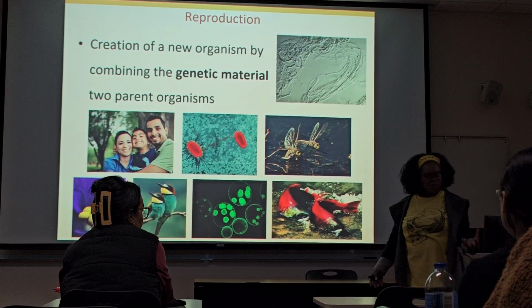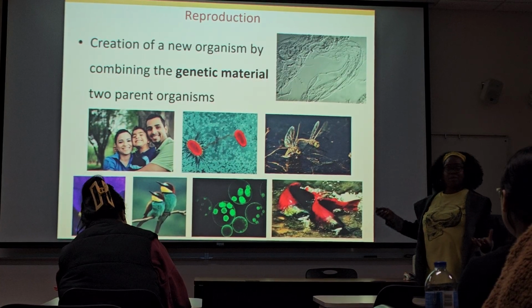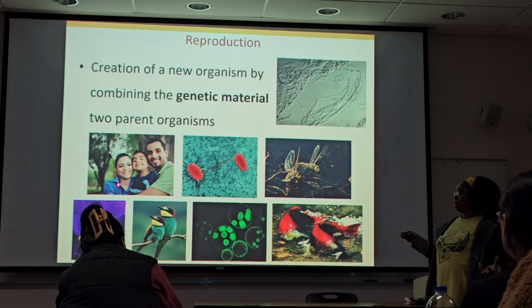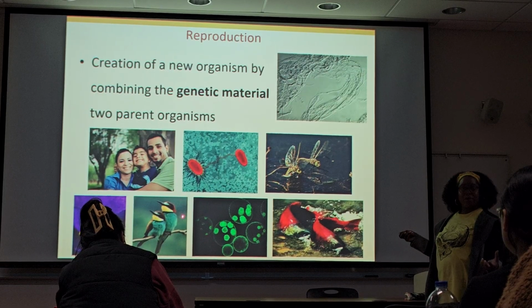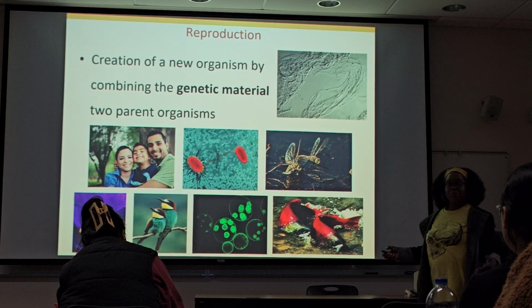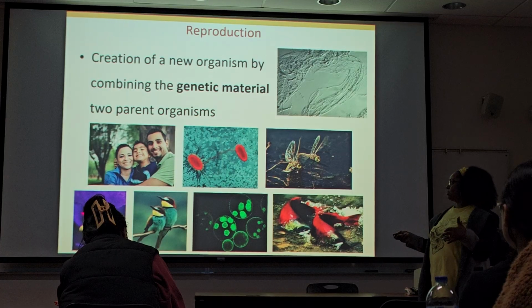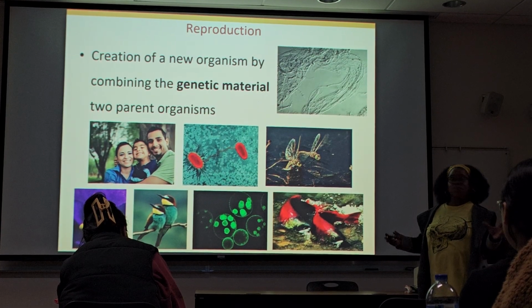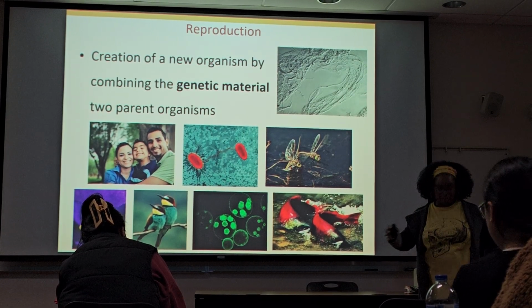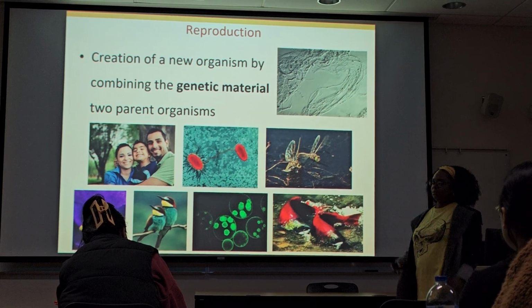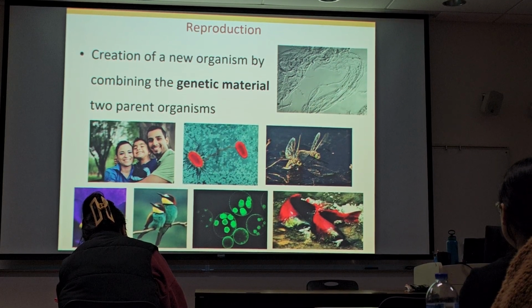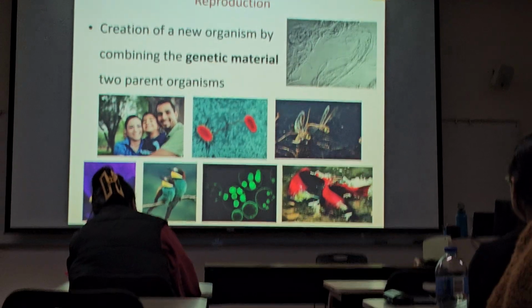Now that haploid cell is totally different from the original stem cell. And when you combine these totally different haploid cells, a sperm and an egg, you get a totally different organism that isn't mom or dad, but a mixture genetically of mom and dad.